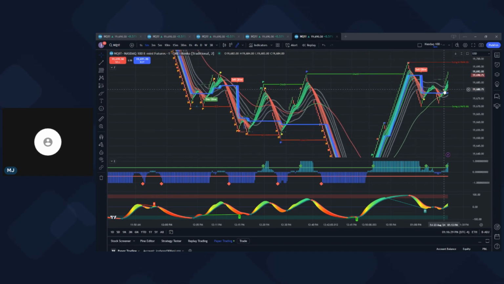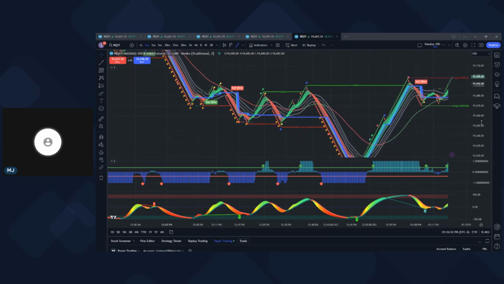So if we look here, this is where the squeeze relaxer is. And again, when the squeeze diamond is below price, it typically means that price is going to shoot upward. If we go here and see the red one, when it's above price, it typically means price is going to shoot downward.